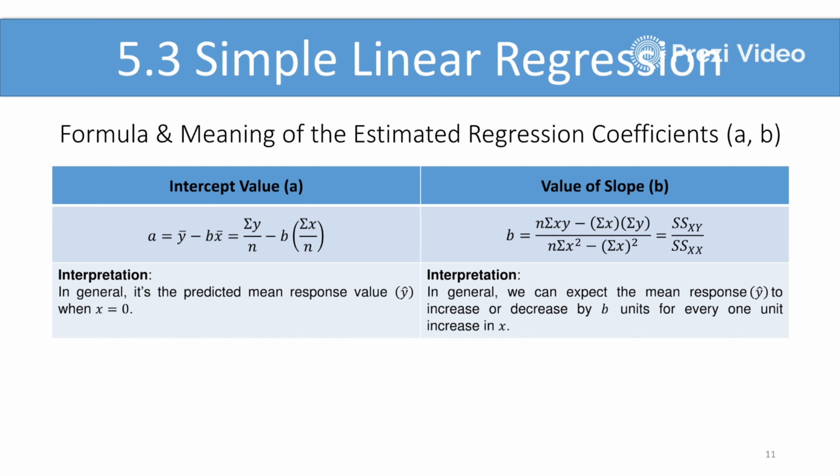So we will look at an example. Then we will find b, the slope. In order to compute a, we need to find b first. The formula is given, so don't worry.